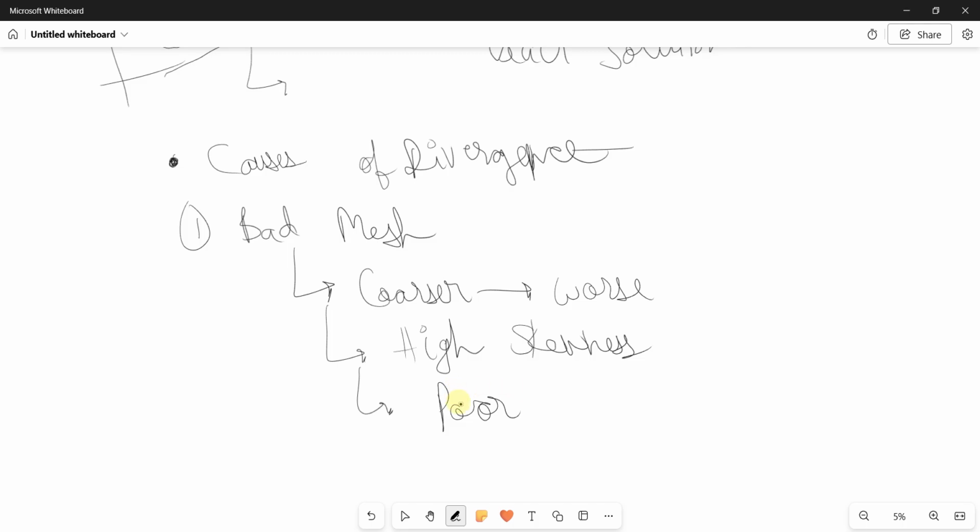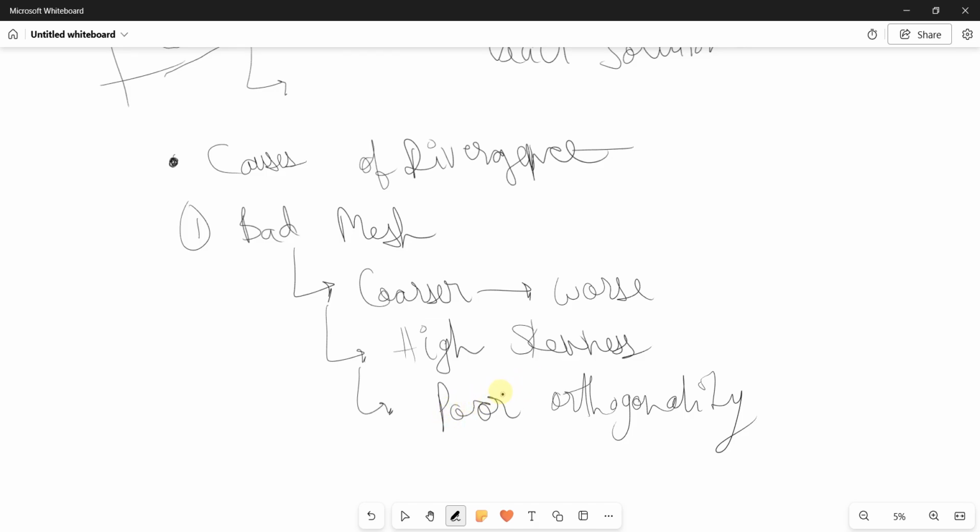Orthogonality, as I said, was the alignment between the line joining the center to center of the mesh elements and the line that goes outward from the face in the direction which the face is facing, right? If you have 0 orthogonality it is bad, and if you have 1 it is good. In skewness, if you have 1 it's bad, if you have 0 it is good. So it's opposite of each other, right?